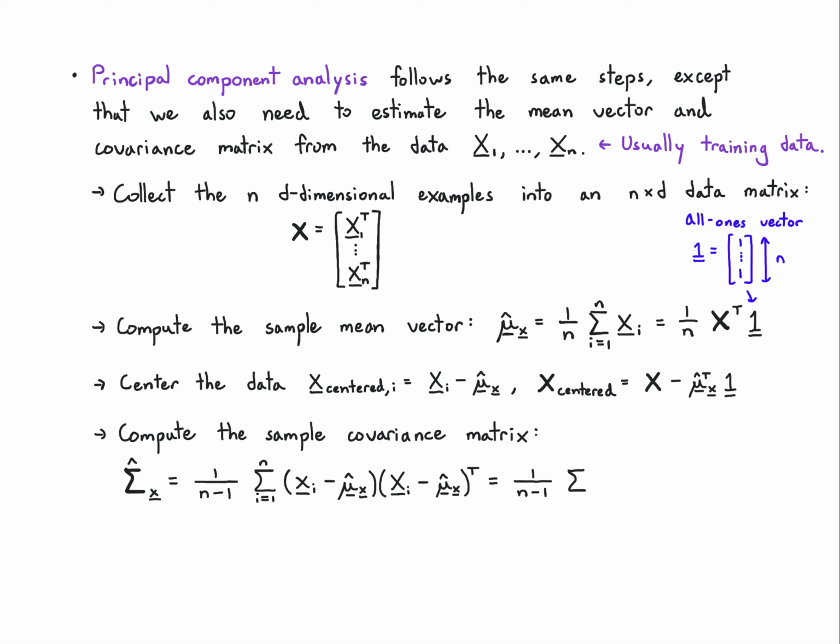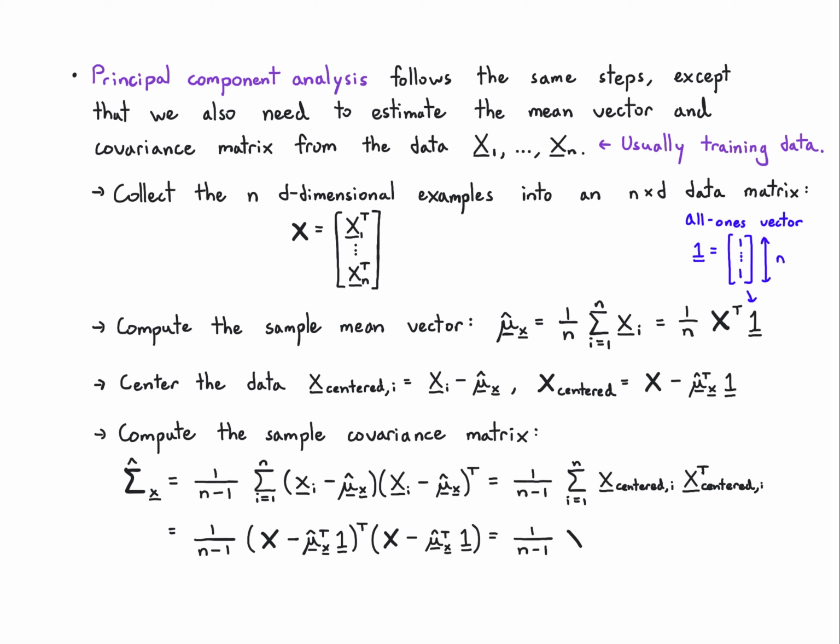To write this in terms of the centered version, I don't need to write the subtraction by the mean because that's already happened. And to write this in terms of the data matrix minus the mean vector times the ones vector, I can write it like this. And then finally, the simplest way to write this is just 1 over n minus 1, the centered data matrix transpose times the centered data matrix. So I have a very simple representation of this sample covariance.